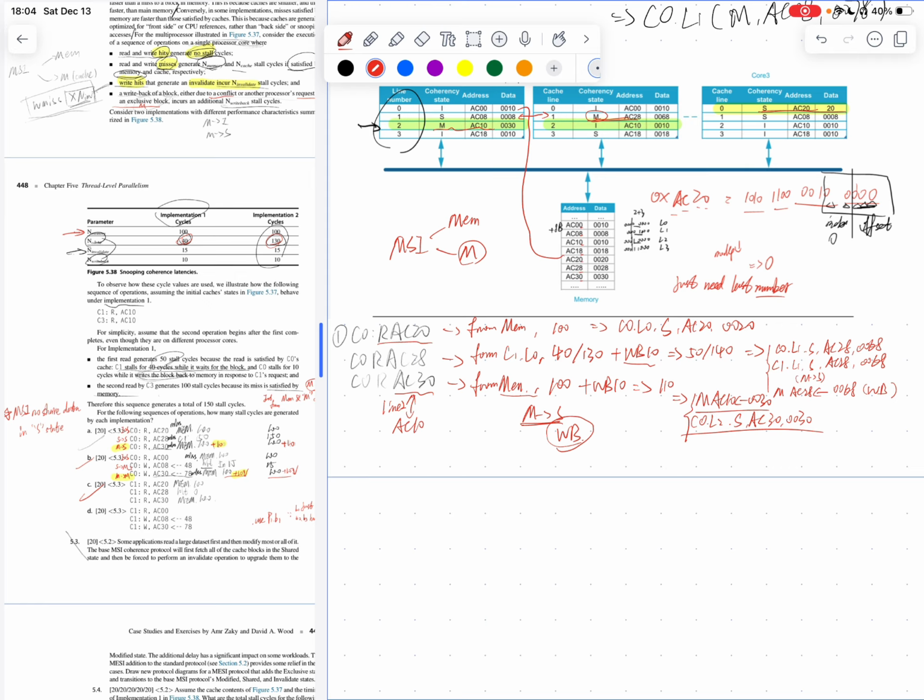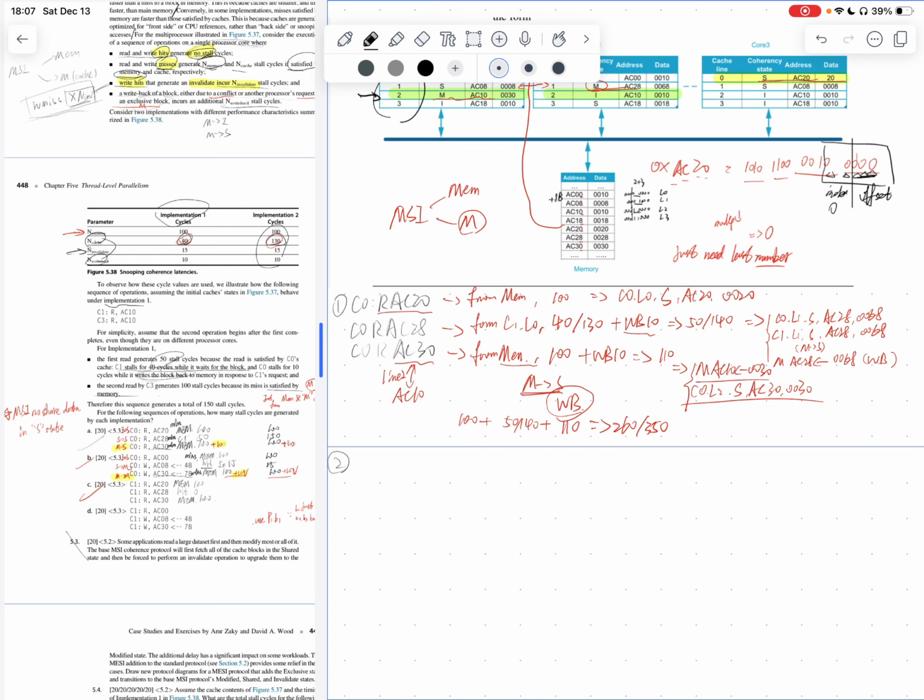This is what these three actions do. So totally, we will have 100 plus 50 or 140 plus 110. So totally it will be 260 or 350, right? Based on two different implementations.